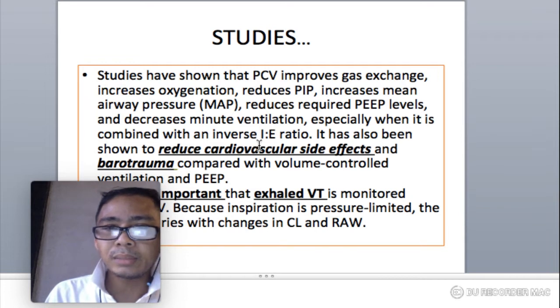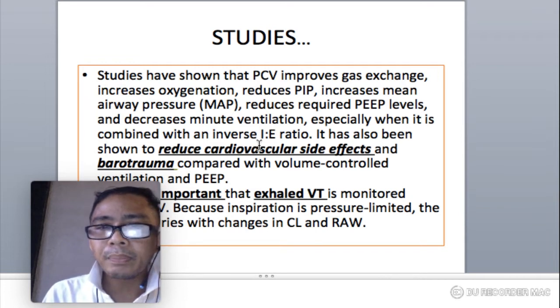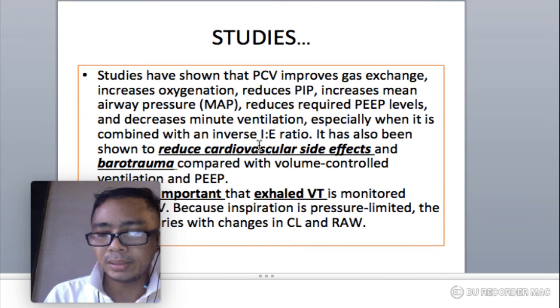So, less barotrauma, lower mean airway pressure, and it decreases the minute ventilation, especially when combined with an inverse I:E ratio. You can modify your I:E ratio in this case. So this is more on the advanced mode, PCV, based on the studies.